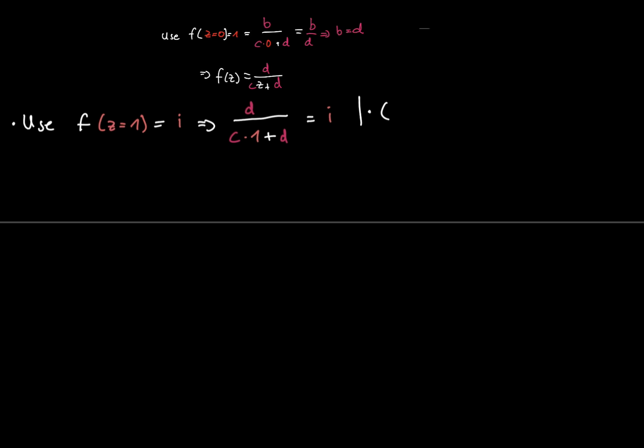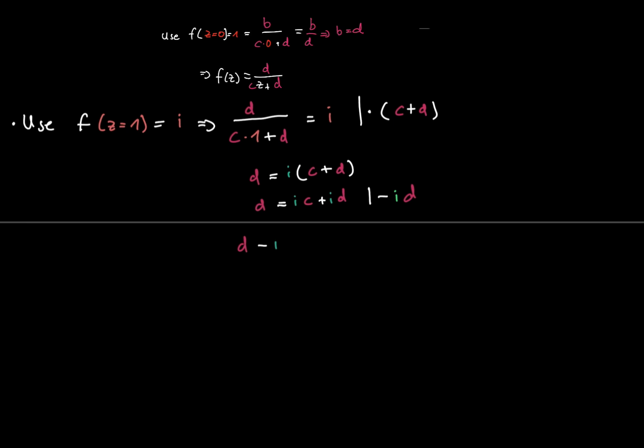Now we solve this equation. Multiply both sides by (c + d). This gives d = i(c + d). Expand the right-hand side. So d = ic + id. Bring id to the left side.